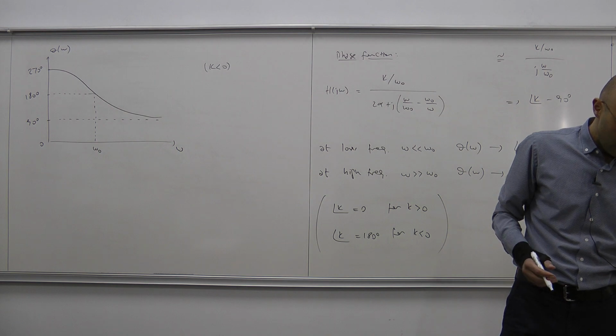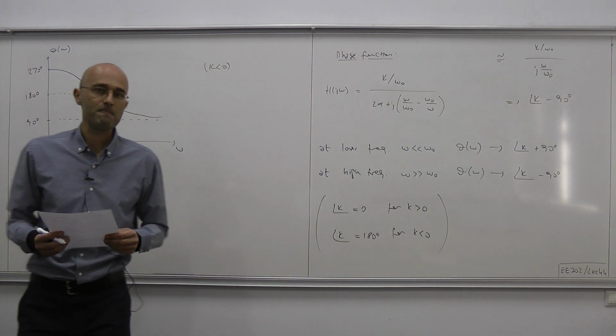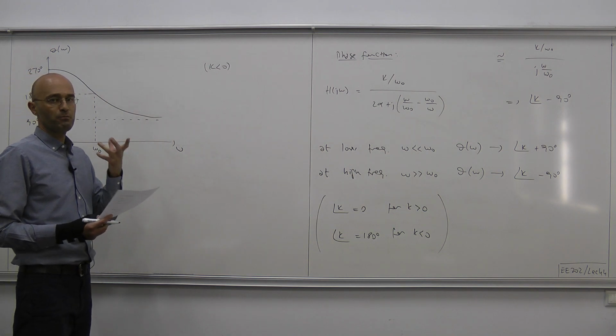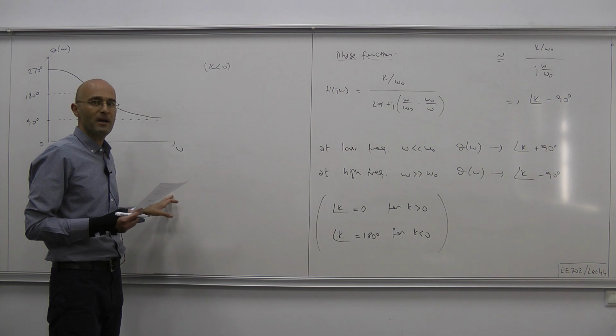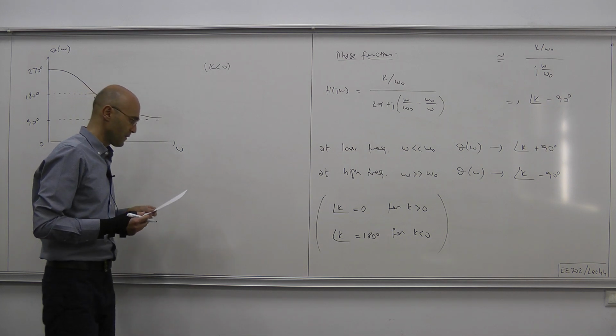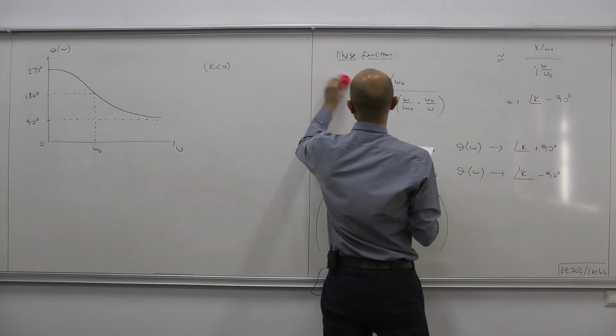Now let's see a circuit that produces second order bandpass characteristics. So that's our example.